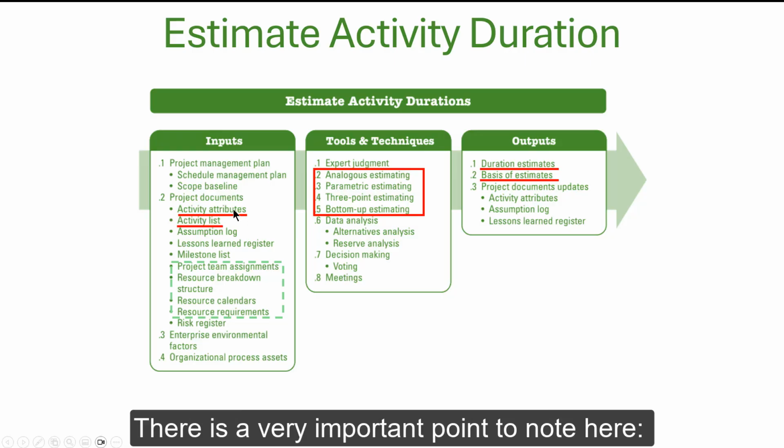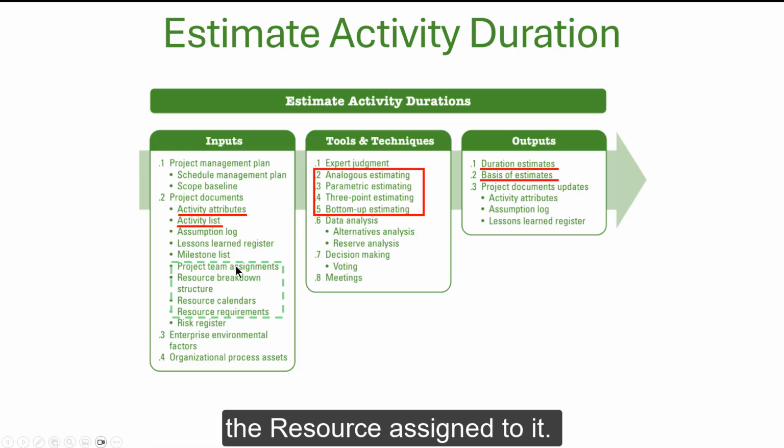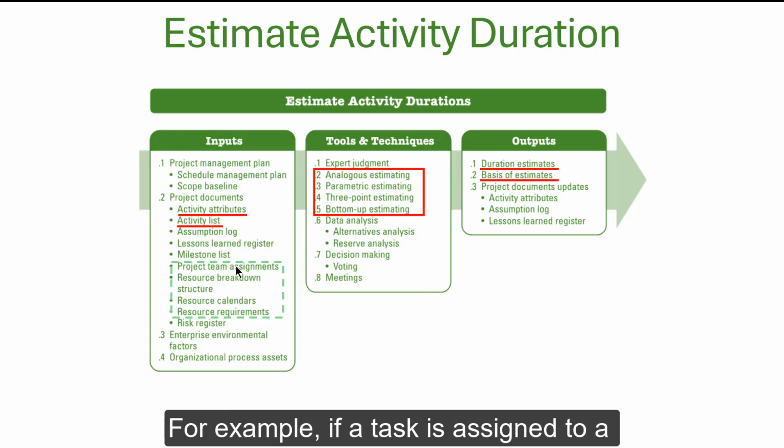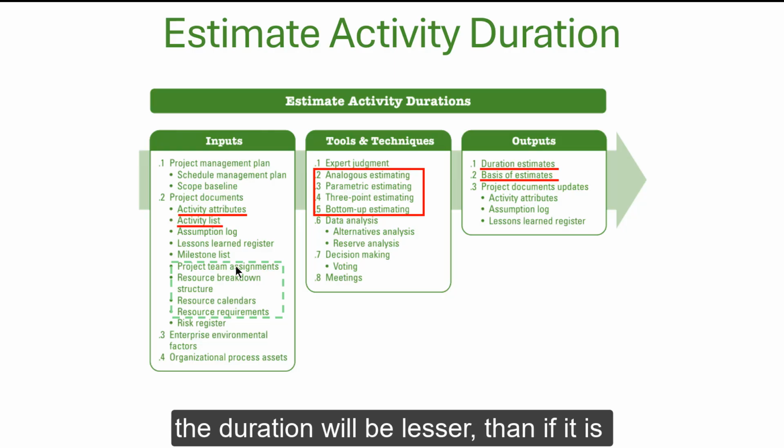There is a very important point to be noted here. The work estimate is always to be made with respect to the resource assigned to it. For example, if a task is assigned to a highly skilled resource, you might assume the duration will be less than if it is assigned to a lesser skilled resource.